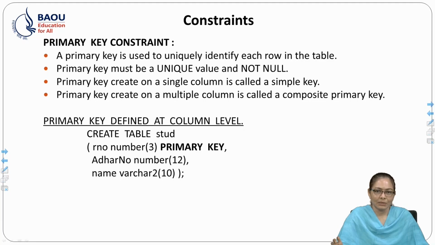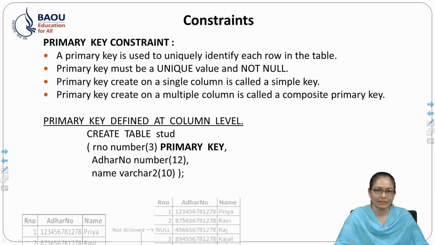Thus, we can make the primary key either the roll number or the Aadhaar number. Choice is yours. Now, the third column is name. Name contains alphabets, so its data type is varchar2 and size is 10, meaning the name column contains a maximum of 10 characters. Then the bracket is closed and at the end of the command we put the semicolon.